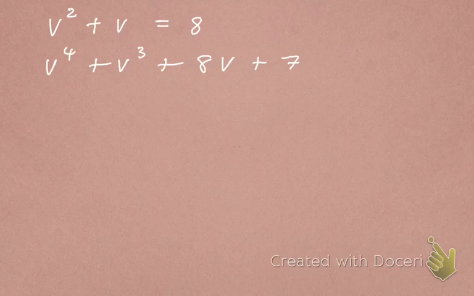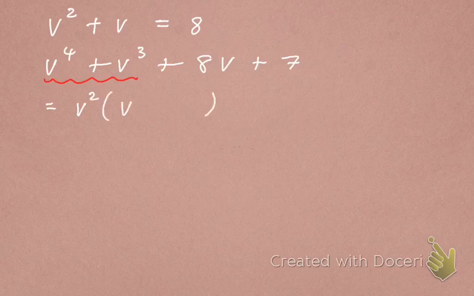We're going to start by saying, well, what we can do is take the first two terms and find a common factor, and we deliberately use v squared as that common factor. Then we sit with v squared plus v in brackets, and then we also have 8v plus 7.